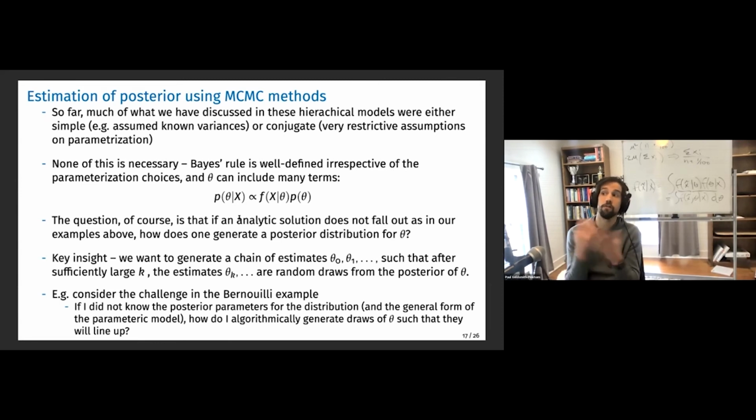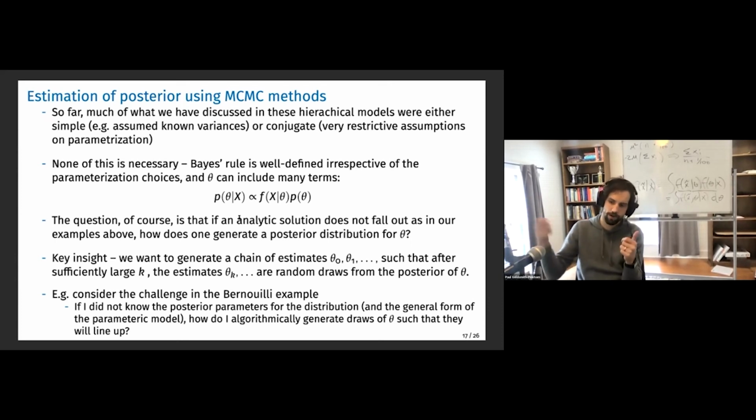So how do you generate a posterior distribution in these settings? The key insight from these Markov chain Monte Carlo methods, MCMC methods, is that what you want to do is generate chains of estimates such that after a sufficiently large number of draws from these algorithms, the sequence of estimates are basically draws from the posterior.